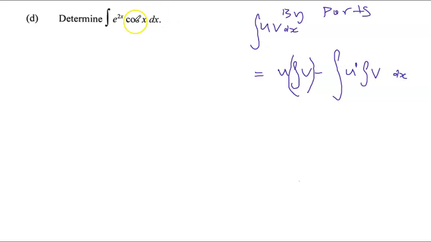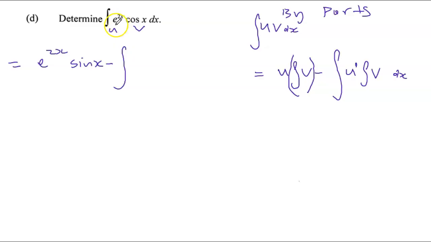So that's our by parts formula. I'm going to call the e to the 2x u. I'm going to call the cos x v. Alright, so applying the by parts, we leave the u alone, which is e to the 2x. The other function we integrate, so integrate cos x, that's sin x, minus, I'll put our integral sign.